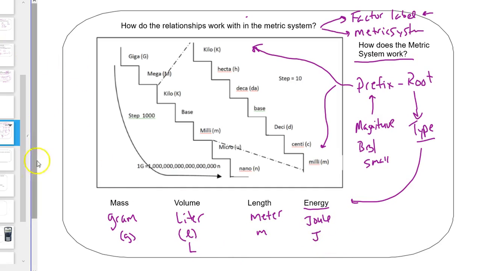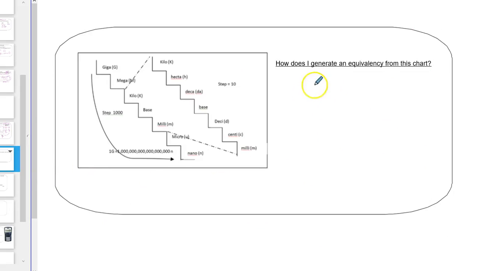Let's take a look at our next slide to see how I generate an equivalency off of this. Everything is based on tens. Unlike the English system, which has really random equivalencies, everything's based off tens. Even still, in the United States, we may not be familiar with some of these terms, and some of them are very obscure, meaning that we won't use them very often.